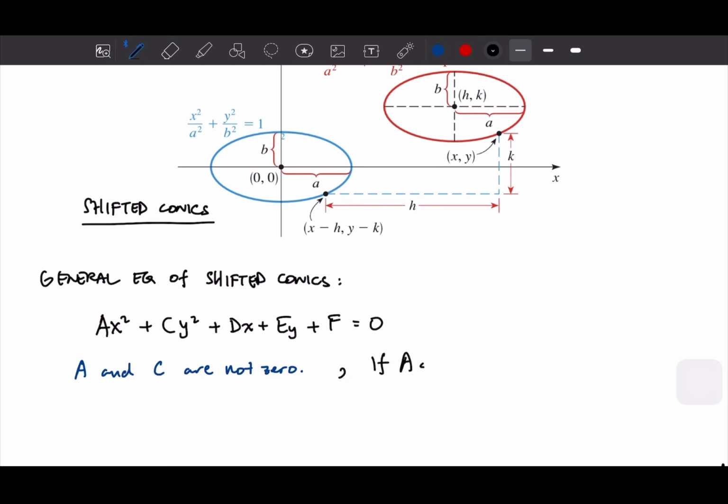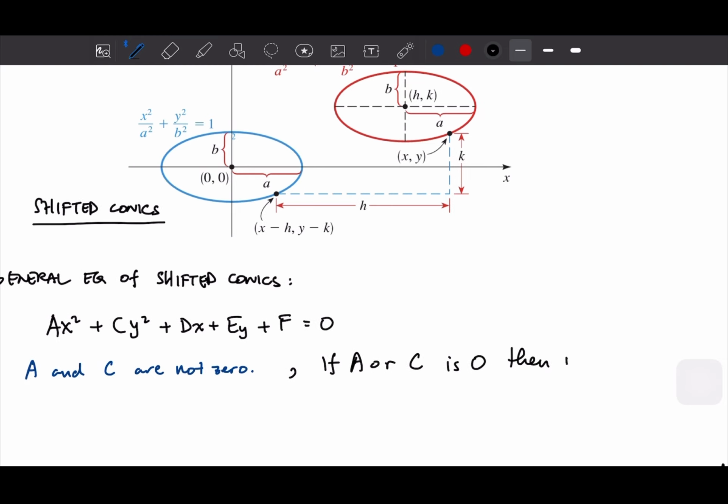If A or C is zero, then it will be a parabola.